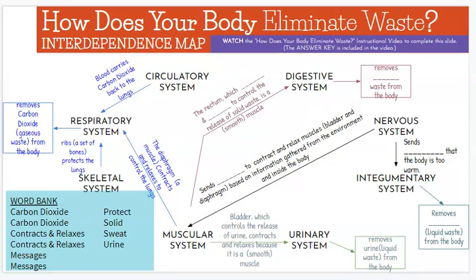But another way that our body removes liquid waste is through our integumentary system. We most often do this when our body is really warm, and so our nervous system has to become involved. When our body gets really warm, say we're just in a hot room, but more often if we're being very active, our brain sends a message that the body's too warm.